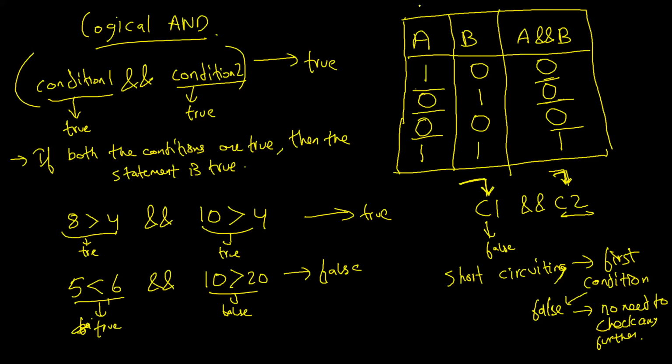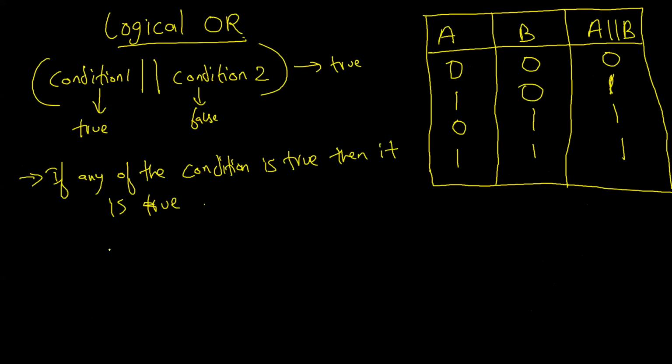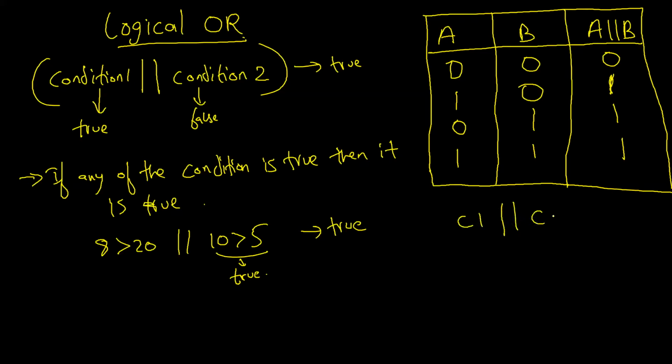Okay, cool. So the same thing goes for this one as well. That is logical OR. For logical OR also, if you're writing something like if 8 is greater than 10 and 10 is greater than 5. So this guy is true because this is true. Correct. But in short circuiting of OR, C1 or C2, if this is true, it's different here. Short circuiting is based on the first condition, right?